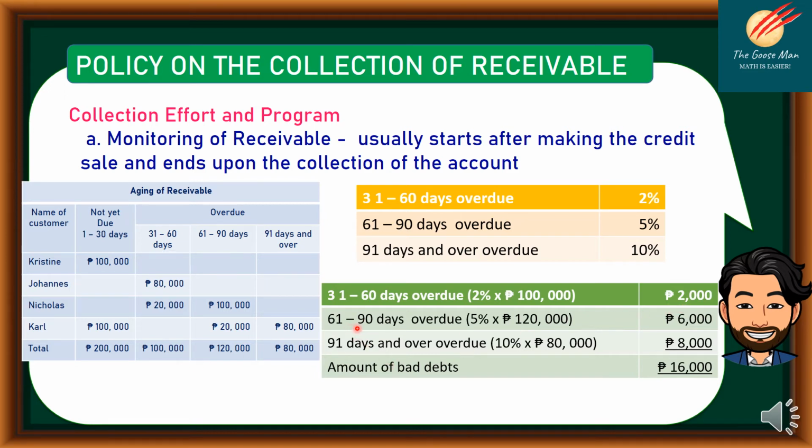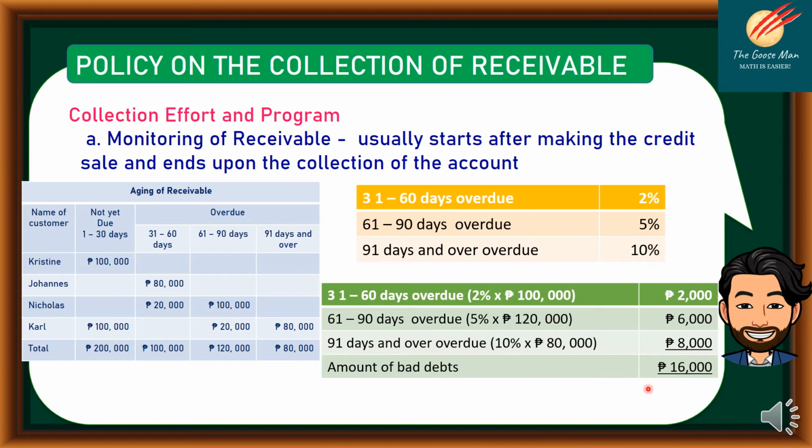While 61 to 90 days overdue, that is 5% of 100,000 as we can see on the table, so the allotted value is 6,000 pesos. For 91 days and overdue, that is 10% of 80,000, so that is why we have 8,000. And the total amount of bad debts is 16,000 pesos.